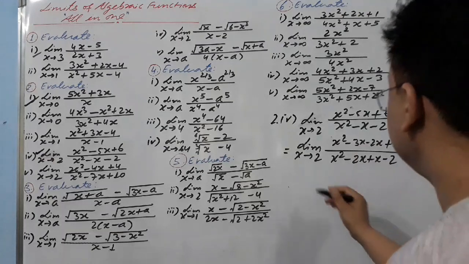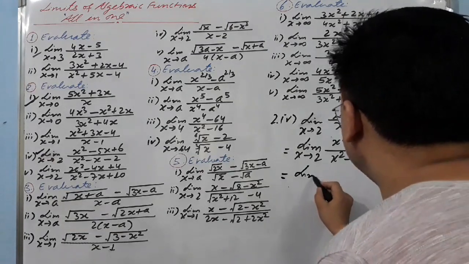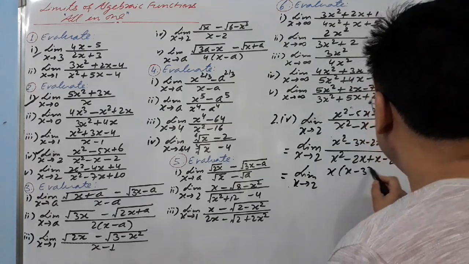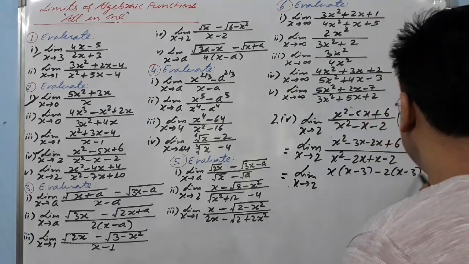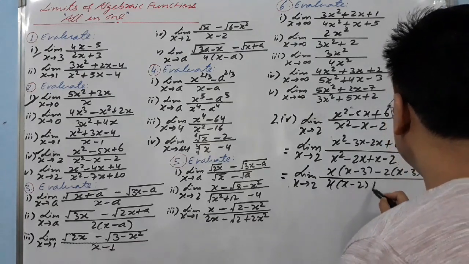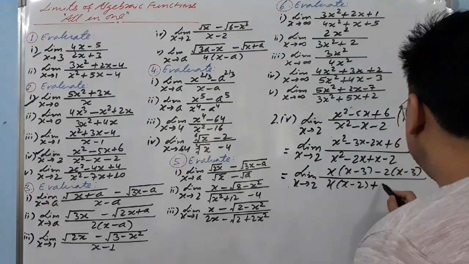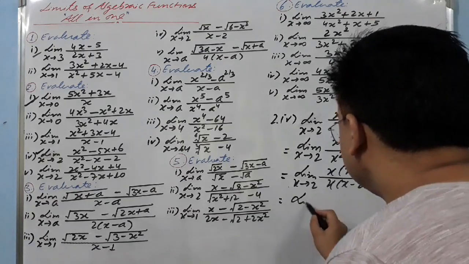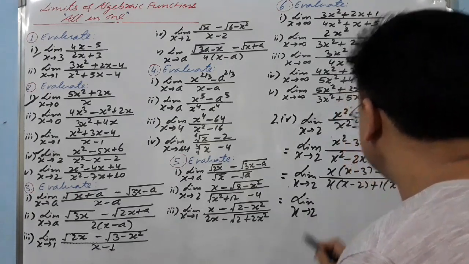You are going to enjoy a limit as x tends to 2, x common, x minus 3 minus 2, x minus 3 over x common, x minus 2 plus, and here 1 common, x minus 2, is equal to limit x to 2.